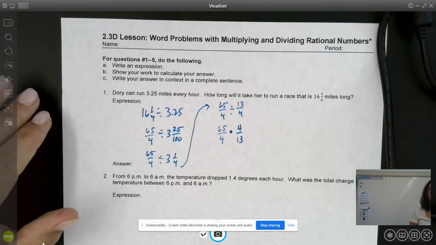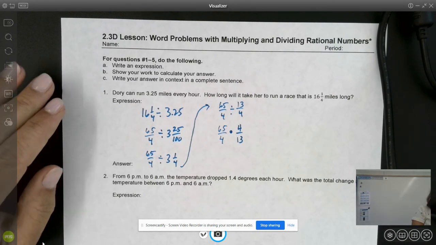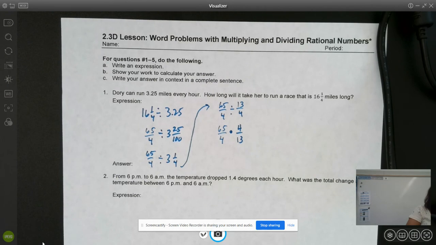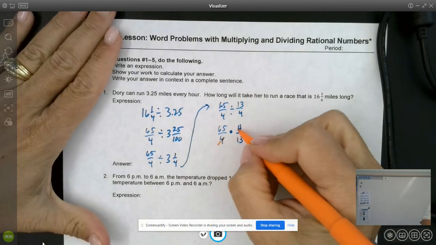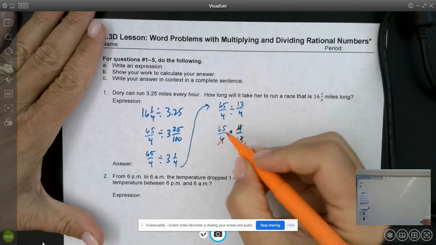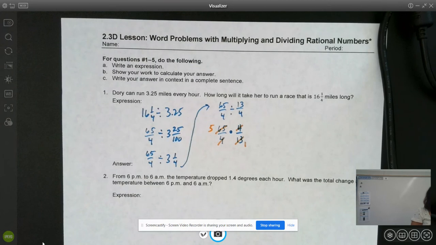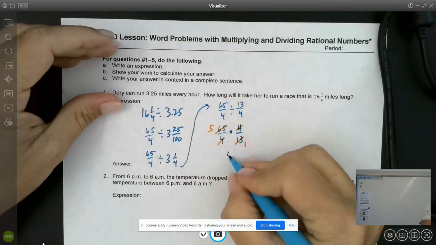You multiply by the reciprocal of that second fraction. I hope you can see that these 4's go away, and 13 goes into 13 one time, and 13 goes into 65 5 times. So your answer is 5.